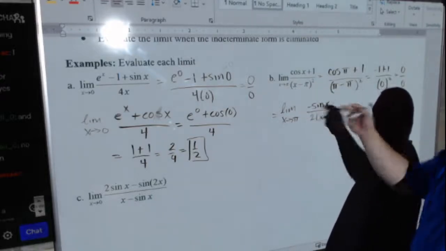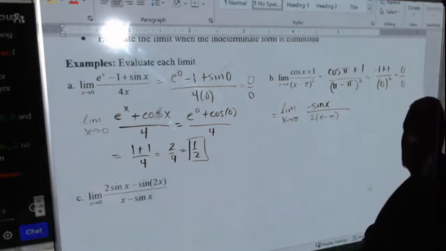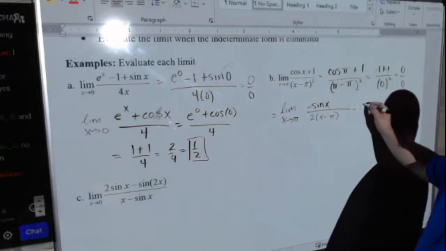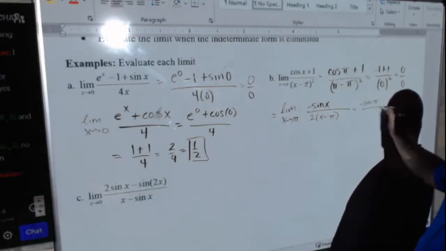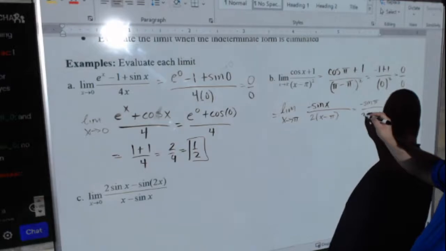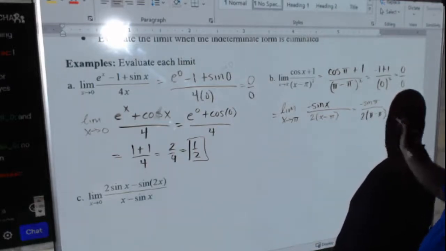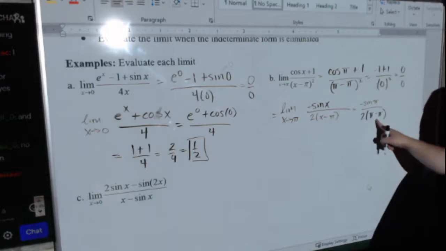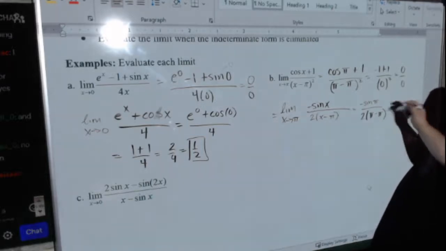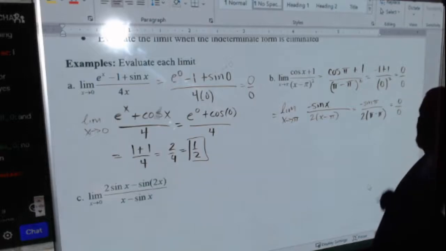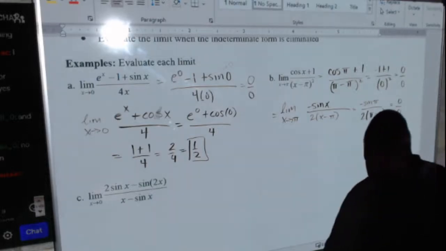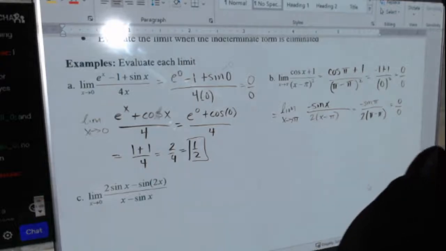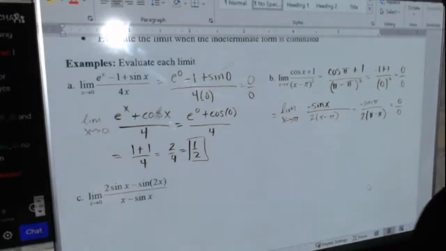And then the derivative of the inside would just be 1. So evaluate again. Minus sine pi over 2 times pi minus pi. Pi minus pi, that's 0. Sine of pi, also 0. So look, we got 0 over 0 again. That's okay. We can apply L'Hopital's rule as many times as needed until we get to some answer.